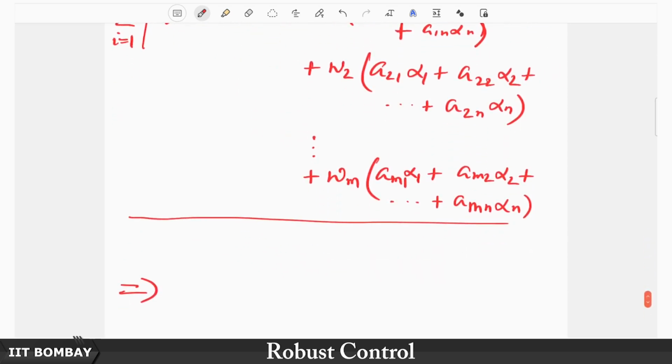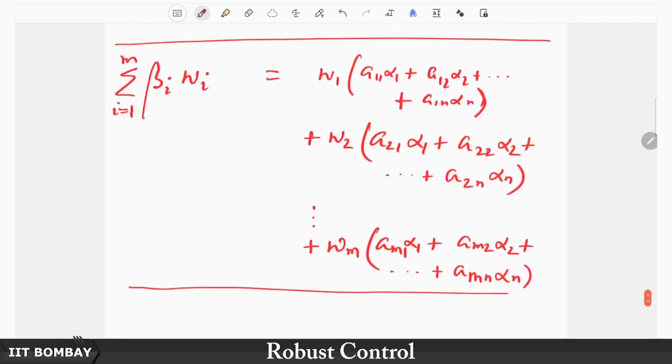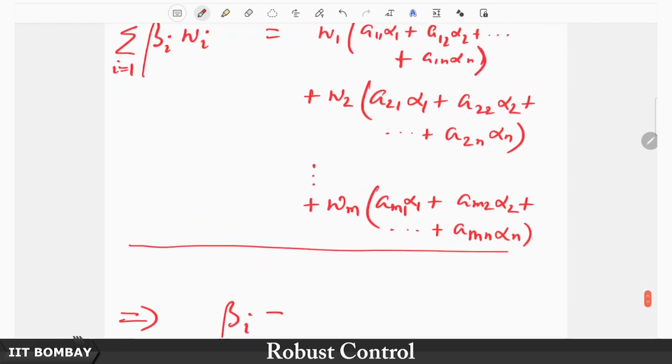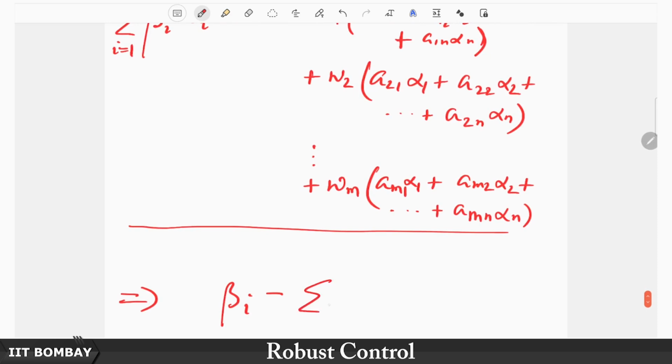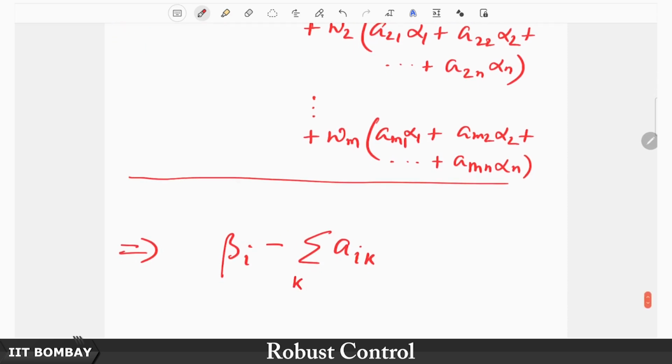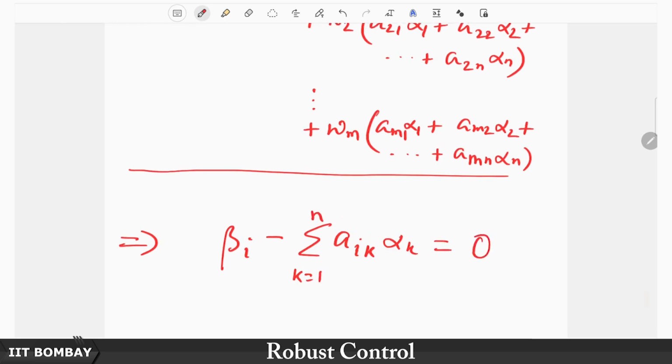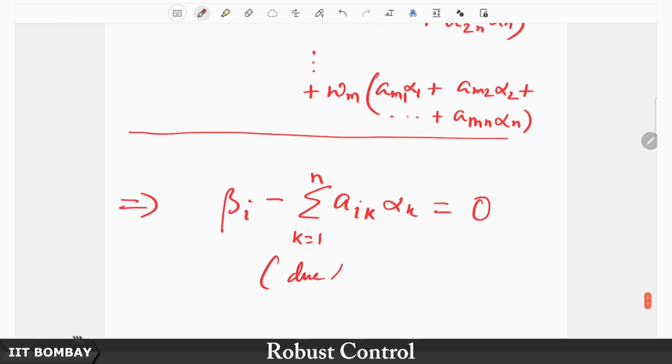So I can then write that beta i minus, and notice very carefully what this is, summation A ik alpha k, k going from 1 through n, is equal to 0. Why? Due to linear independence of the basis set BW.